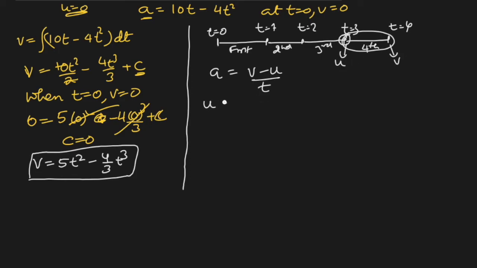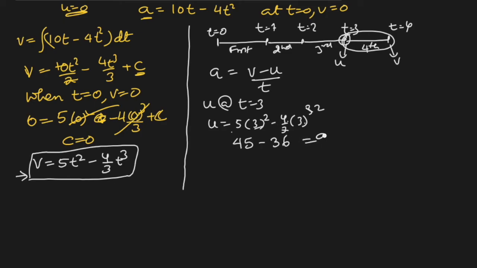So u at t equal to 3. U means velocity, so we'll use the velocity equation here. So u equal to 5 times 3 square minus 4 over 3 times 3 cube. This 3 will cancel with one of them. So what do we get? 9 times 5, 45 minus 4 times 9, 36. Yeah, 9 meters per second. That's u.